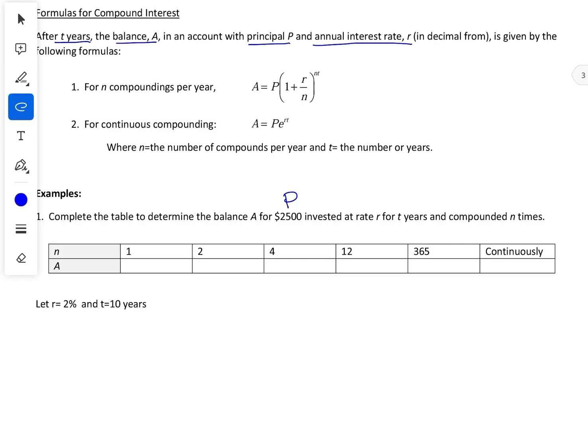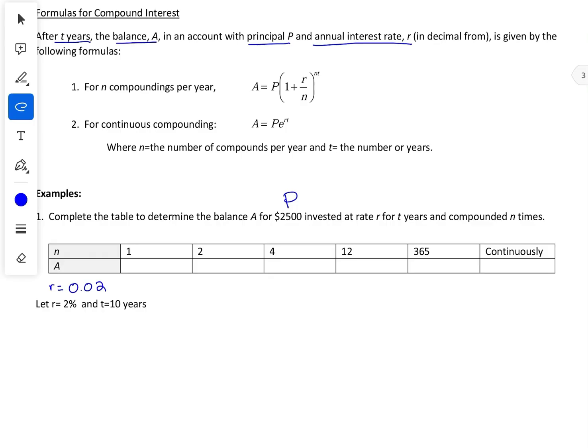R is 2%, so it'd be 0.02, and T is 10 years. And then we need to look at what N is. So we're going to compare it all over a 10-year period, all at 2%.